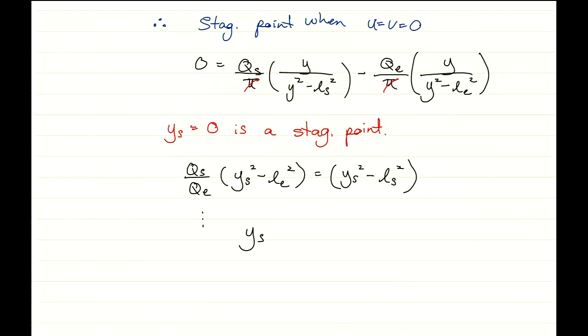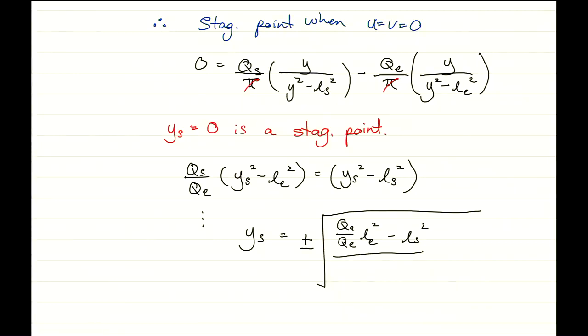So I should get ys equals plus minus the square root of (QS over QE times LE squared minus LS squared) over (QS over QE minus 1).